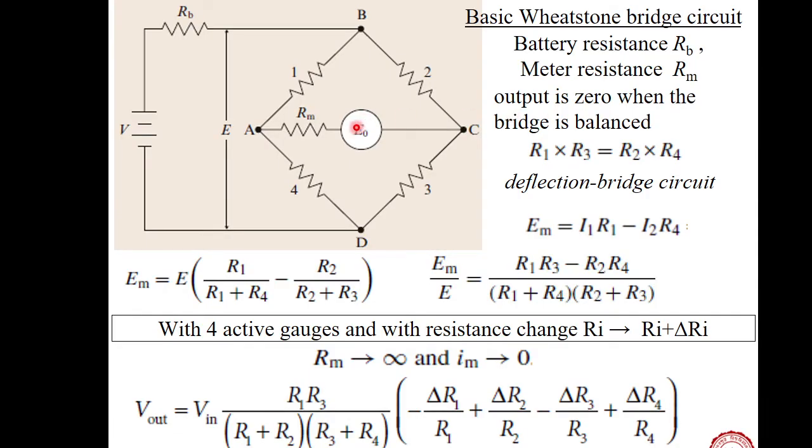It has a resistance by itself, say that is Rm, and what would be that voltage drop about this resistance. In this path current was I1, in the other path current was I2, right.